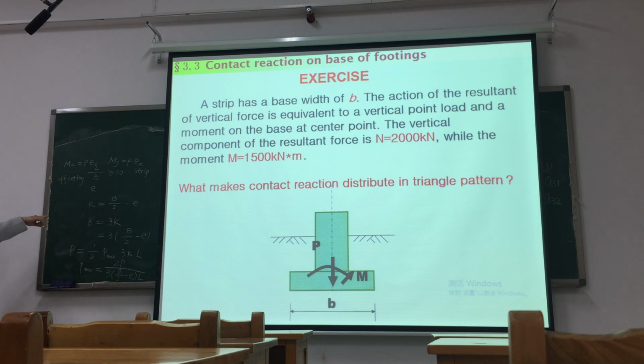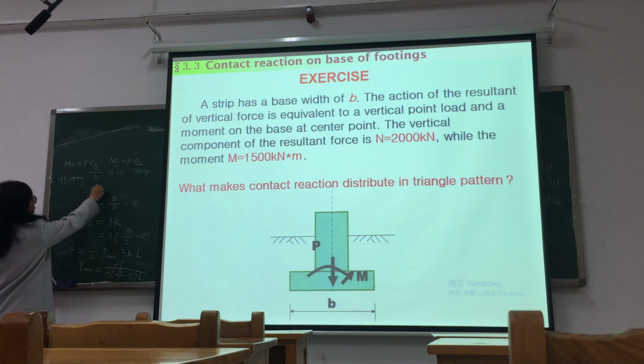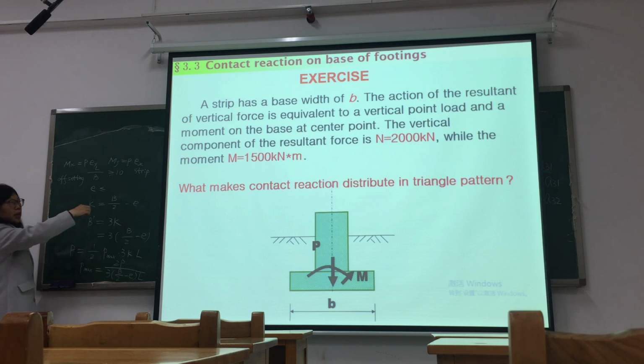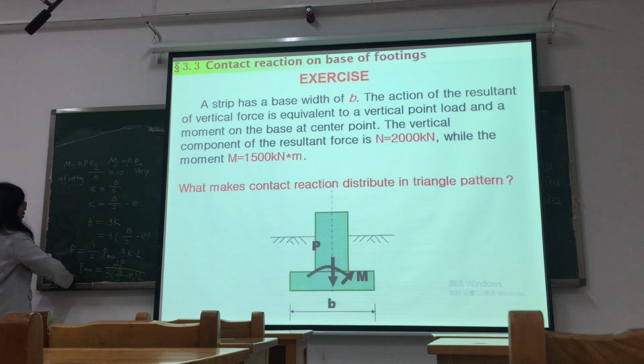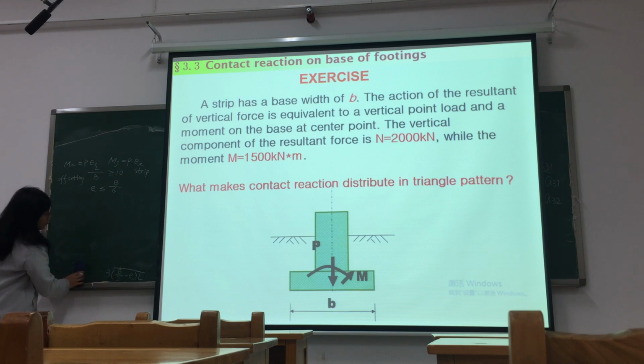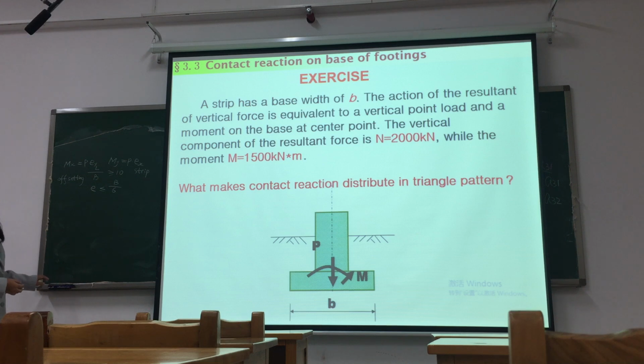Is that right? Maybe if the offsetting is less than or equal to b divided by 6, the contact reaction is distributed in a trapezoid pattern.